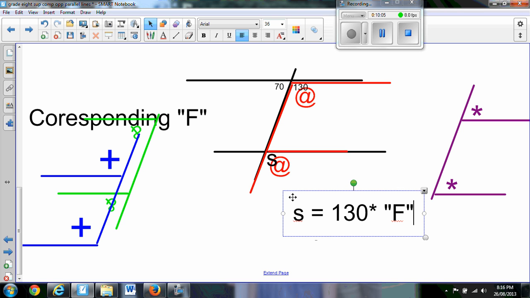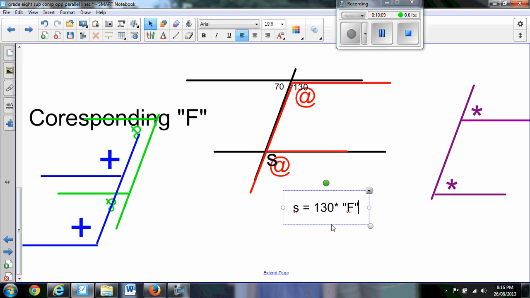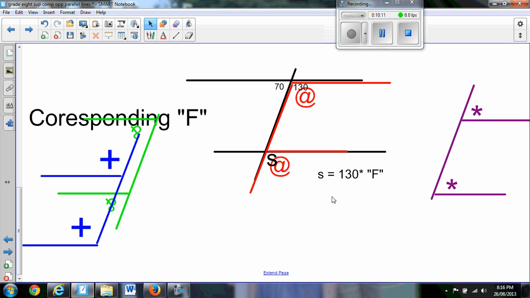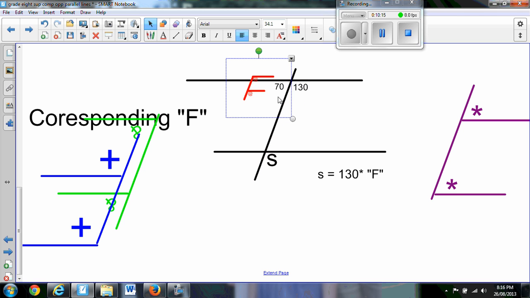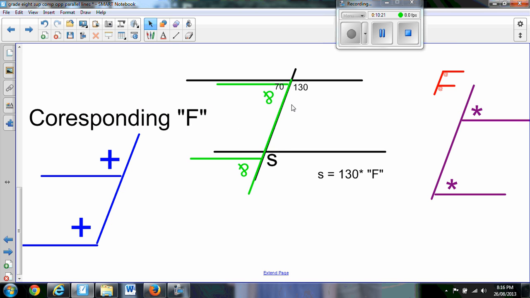And the answer is that easy to do as long as you remember which one you're using. When we move that out of the way, and want to figure out this one here, obviously it would be our green F, and you just use it so you know what the two angles are, and it will be this one and this one are the same.